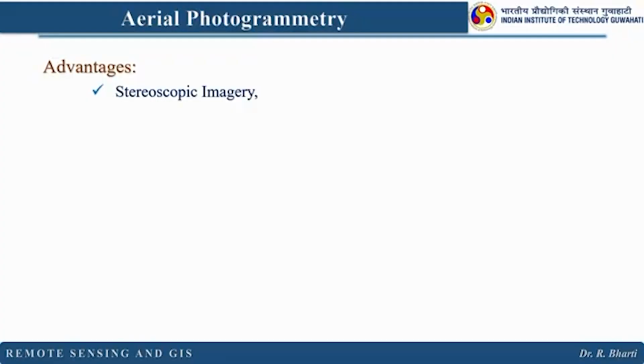So, let us understand what are the different advantages and disadvantages of aerial photogrammetry. So, first advantage of aerial photogrammetry is stereoscopic imagery. So, what we mean by stereoscopic imagery? That for the same ground, suppose this is the target, then in the first acquisition you have covered maybe this much area, like half of your study area. So, this is the first scene.